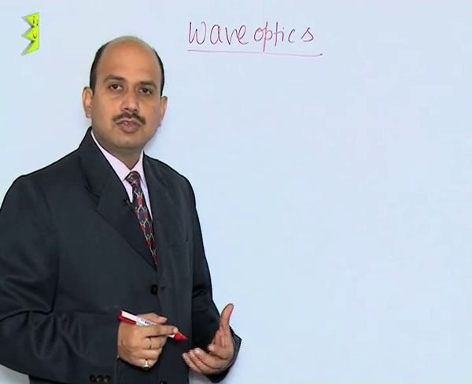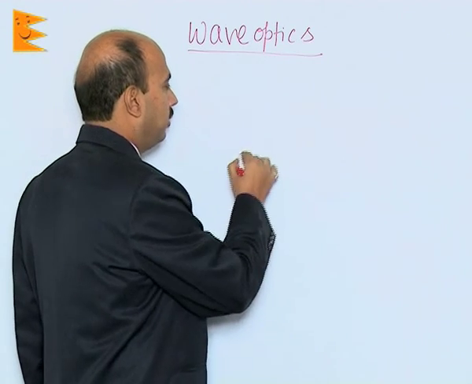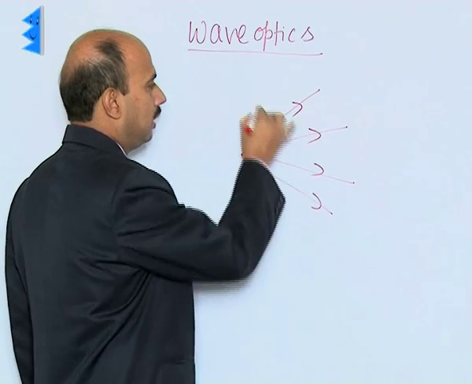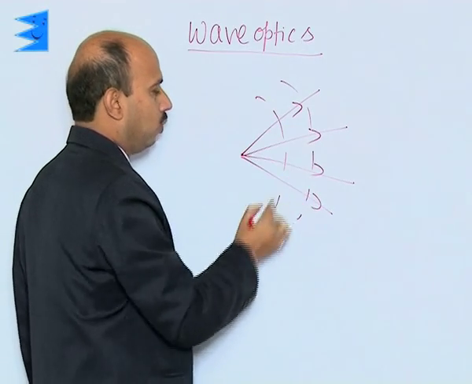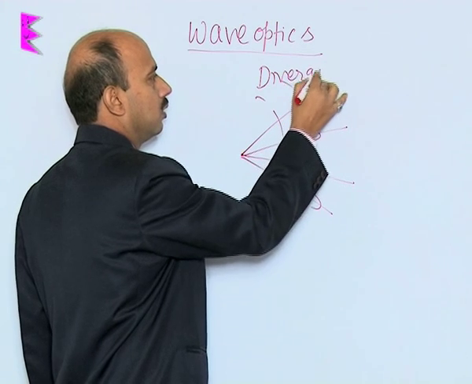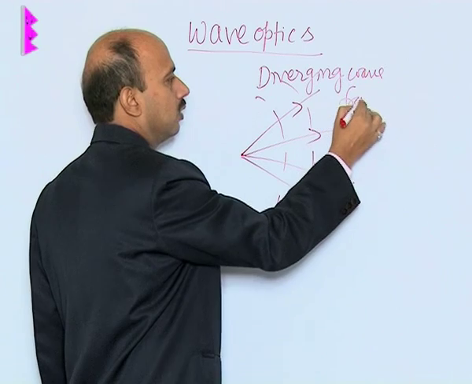Now, we can see some other types of wavefront also. Suppose this is a point source and the rays are going outward like this, then this type of wavefront is known as a diverging wavefront.